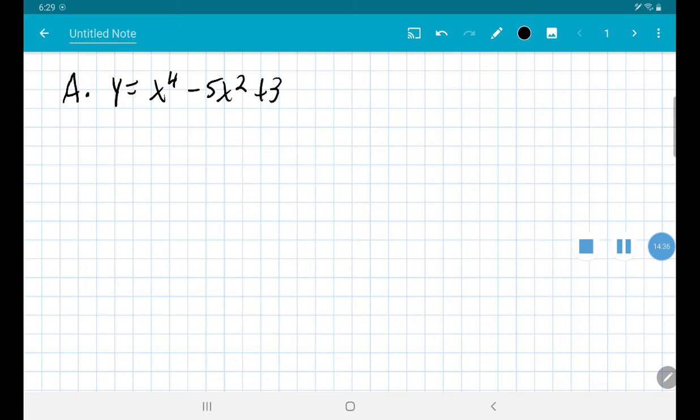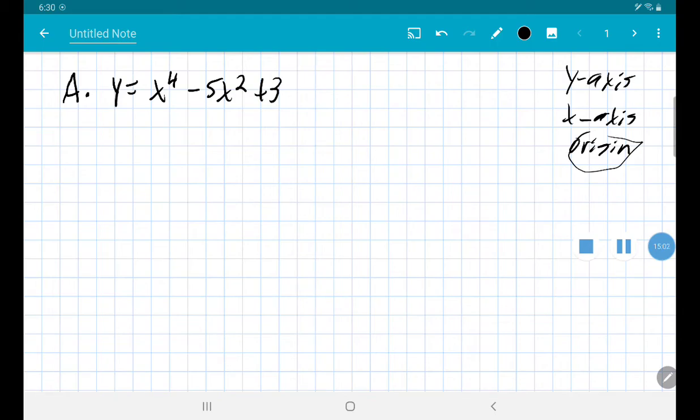Okay, so let's take a quick look here at part A. I'm looking at the exponents. I see that not all of them are odd, so I can pretty much cross out odd functions. So in other words, the three symmetries I'm looking for are y-axis, x-axis, and origin.